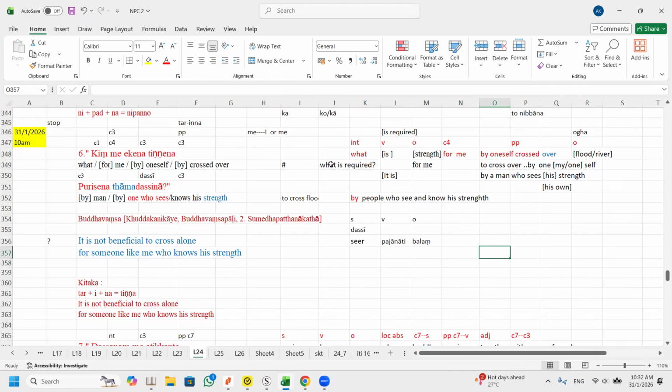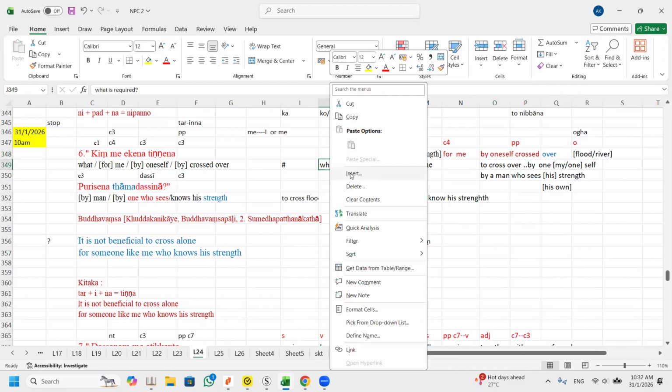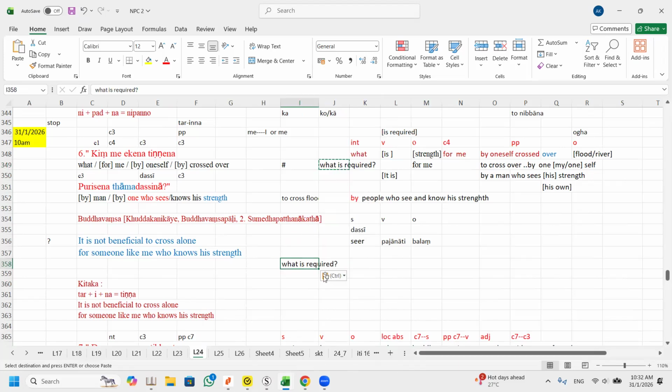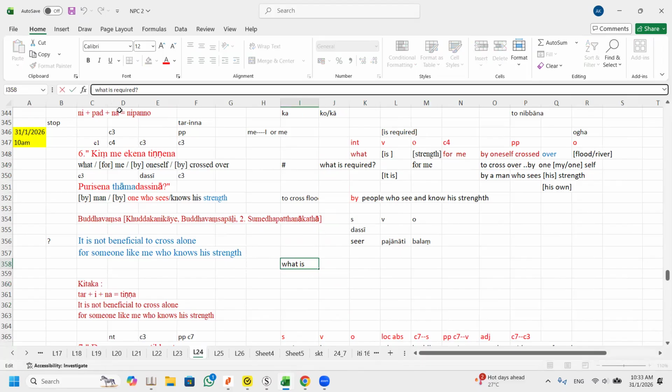So what will I put? This is difficult. It means my final translation. What is required? It means "what strength." This strength comes from this compound, "what strength." You need to redo the English, because what strength is required.